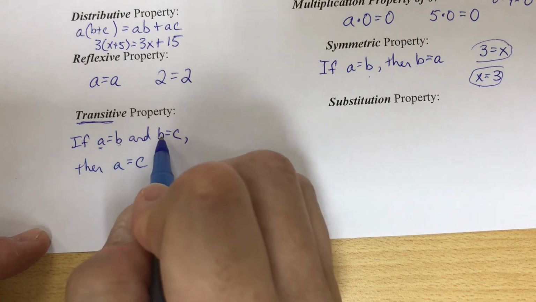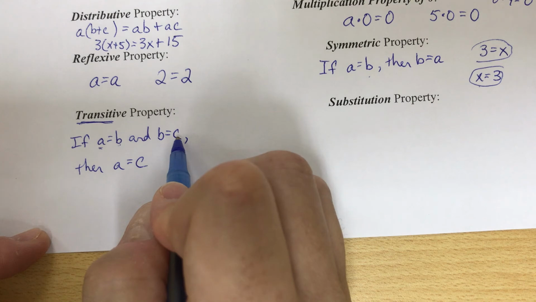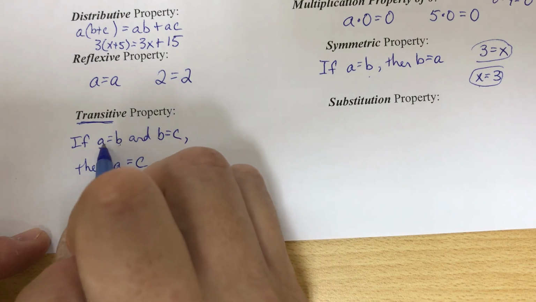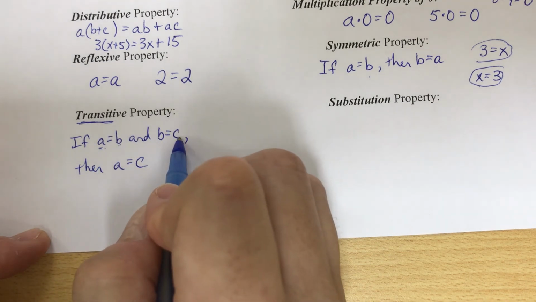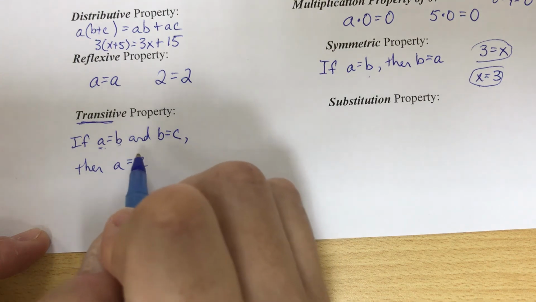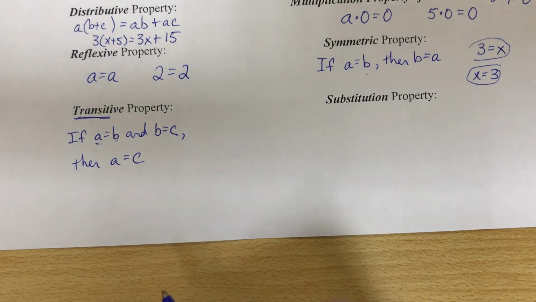And then you found out that friend had the same height as somebody else. Well, wouldn't your height also have to be the same as that other person's? That's what the transitive property says.